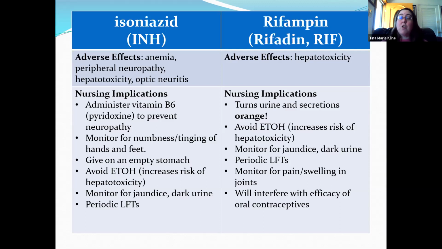So if your patient is crying, they're tearing, and they dab their eye, those tears are going to be orange reddish colored. So that is really, really important for your patient to understand. That is very classic specifically for rifampin. The other thing, again, the hepatotoxicity, that's going to apply regardless of what TB medication we're talking about.